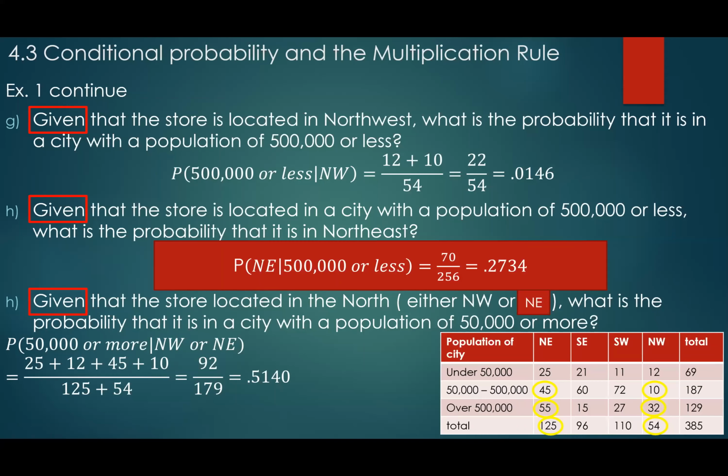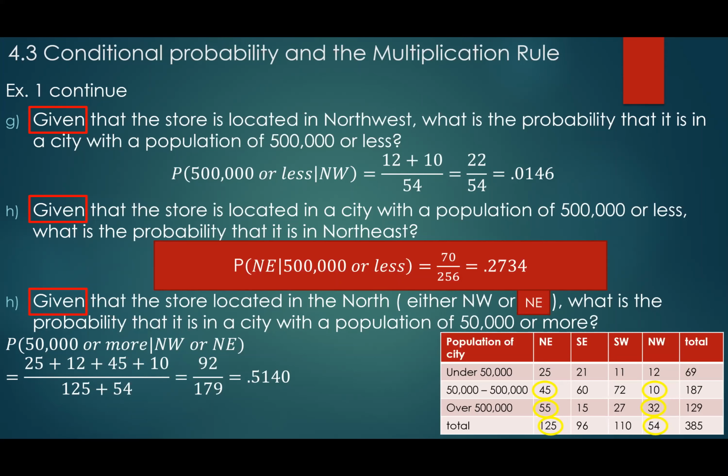So your numerator should be 142, and 142 divided by 179 will give you 0.7933, okay? So that's your answer. It should be 0.7933, and 0.793 is fine.